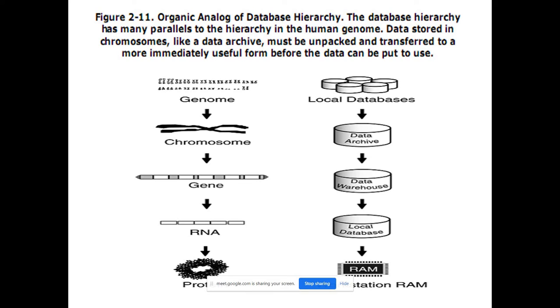We took the example of the genome yesterday. We have the data; this is the local database in our body. In the chromosome the data is stored, that is the data archive. From there you can retrieve the proteins and enzymes, retrieve the gene from the chromosome. So the chromosome is like a data archive and the gene is like a data warehouse.